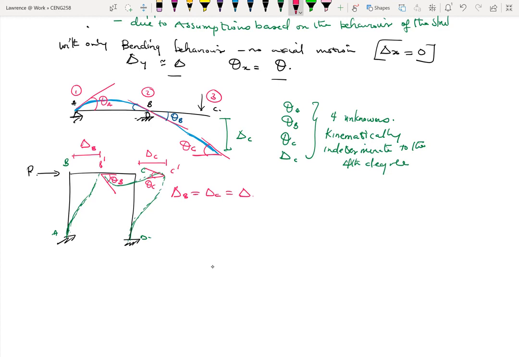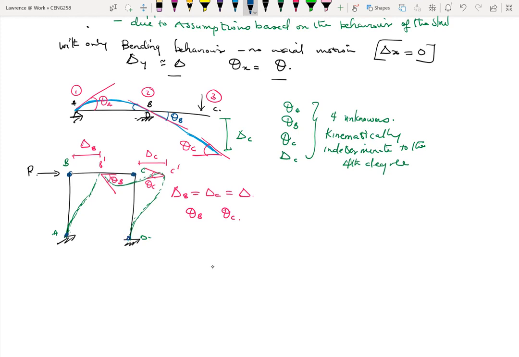In some cases, it might not be the same, but here, because they all have the same length, the same column heights, with only one load applying at point B, it means that delta B is equal to delta C. So here we have one delta, and we also have theta B and theta C. Here, there won't be any theta A or theta D because these points are fixed. So points A and D are fixed, which means that they are restricting the nodes at these ends from moving.